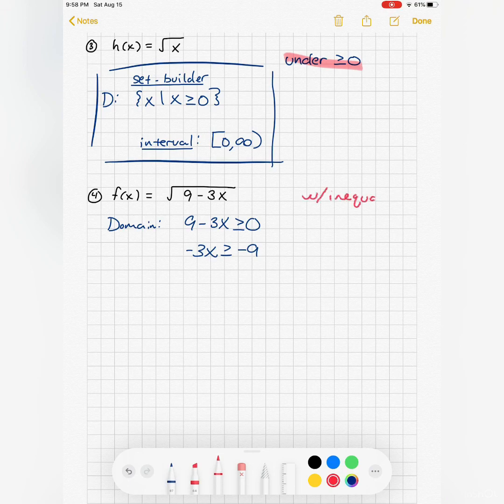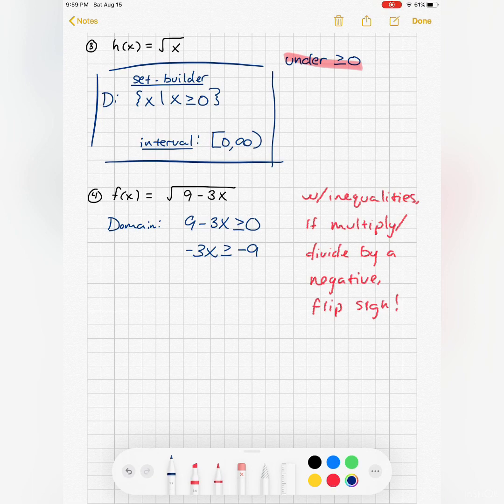Remember with inequalities, if you multiply or divide by a negative, you have to flip the inequality sign. Other than that, I solve it pretty much just as if I would solve an equation.